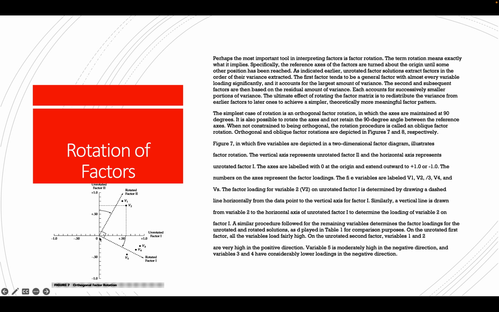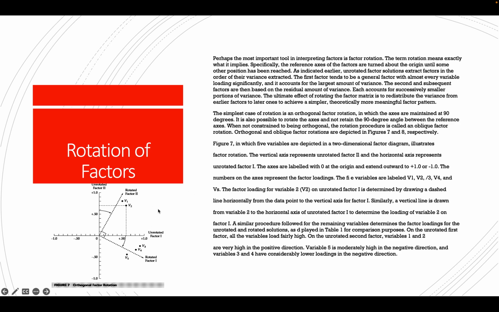Here the axes are rotated with 90 degrees, and when not constrained to being orthogonal, the rotation procedure is called an oblique factor rotation. Orthogonal and oblique factor rotations are depicted in figure 7. This is figure 7, which represents orthogonal and oblique rotation.